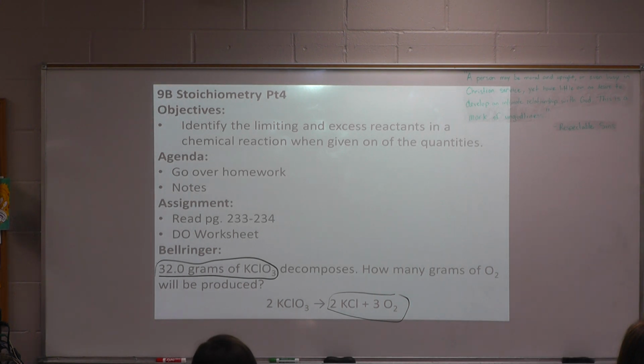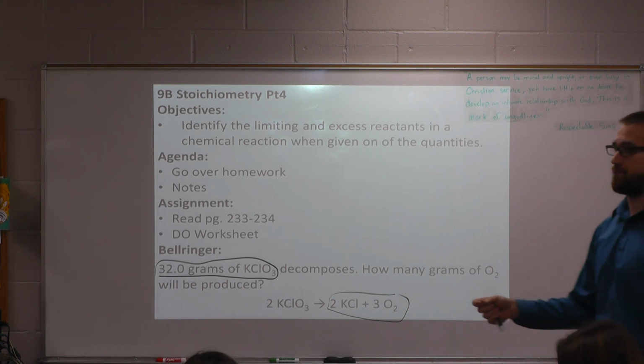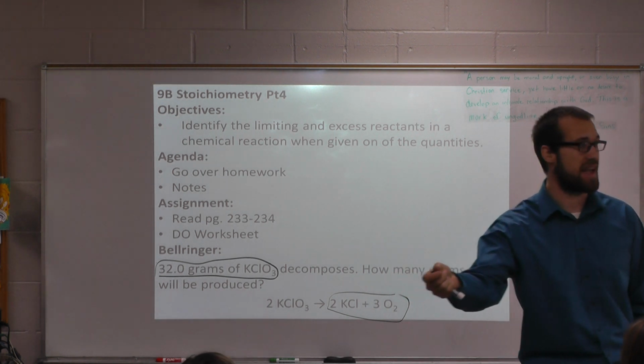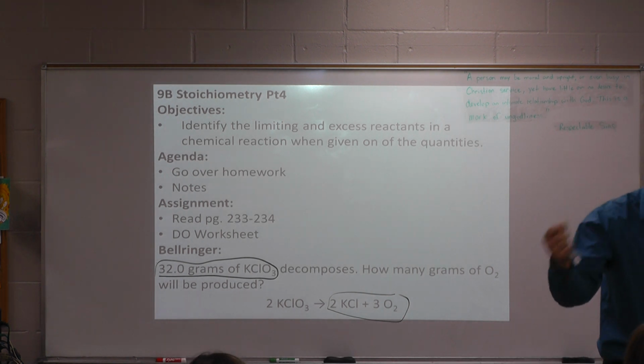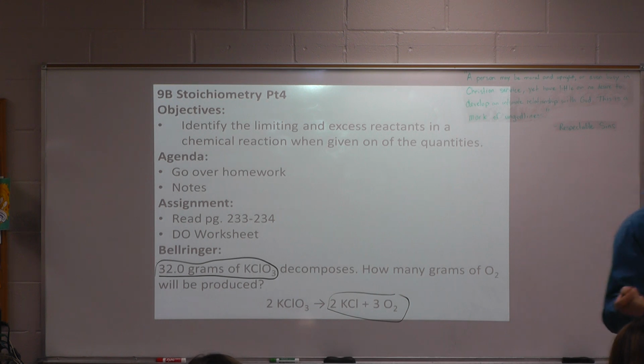What I can do with stoichiometry, and the whole purpose of stoichiometry, is to predict how much product you're going to produce, or how much reactant you would need to react with another reactant. You could predict, if you wanted to produce this much product, how much reactant you would have to use. So we're using math to predict what we want.